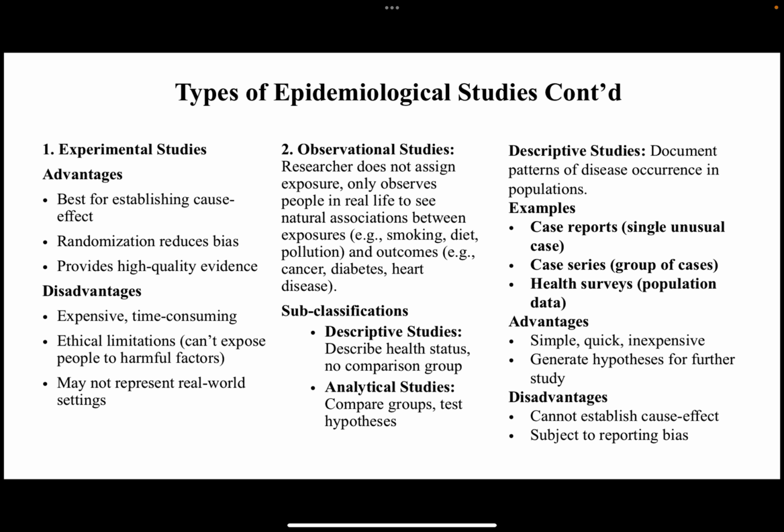Another thing is that experimental studies can help minimize bias. The reason is because, for example, in the randomized control trial, the randomization can help to reduce biases. Another thing is that experimental studies provide high quality evidence as compared to other studies.